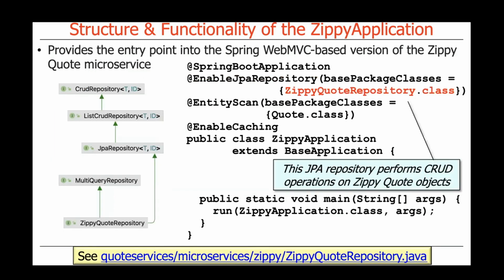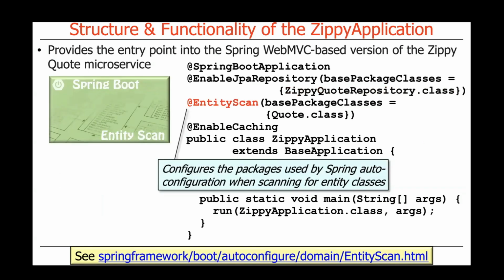And in fact, we're going to tell it to go look at the Zippy Quote repository class, which is a JPA repository that will perform the CRUD or create, read, update, and delete operations on Zippy Quote objects. So you can see on the left-hand side, we kind of show what the form of that Zippy Quote repository is, and we'll talk more about that in the next part of this lesson on the Zippy microservice.